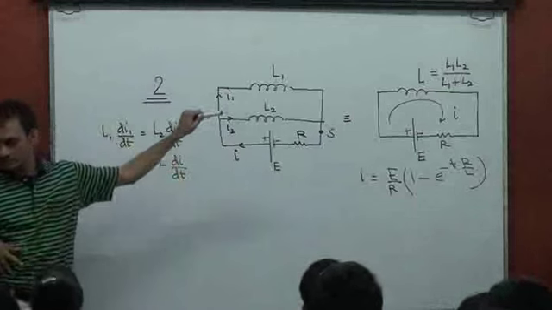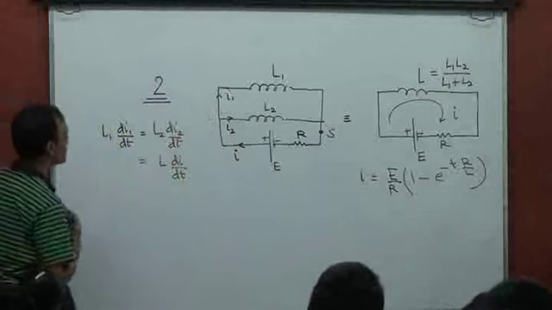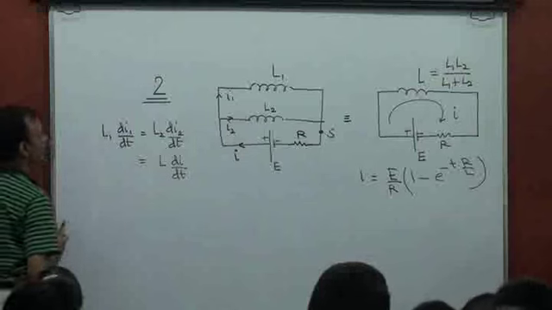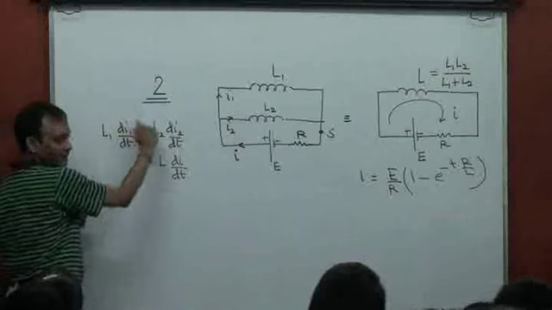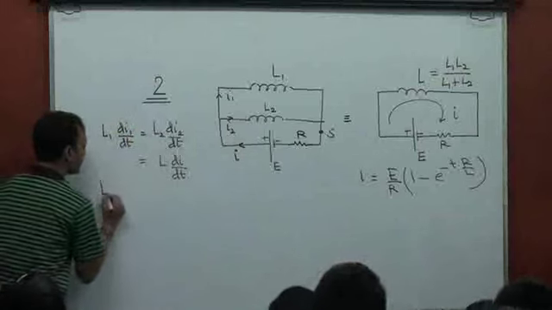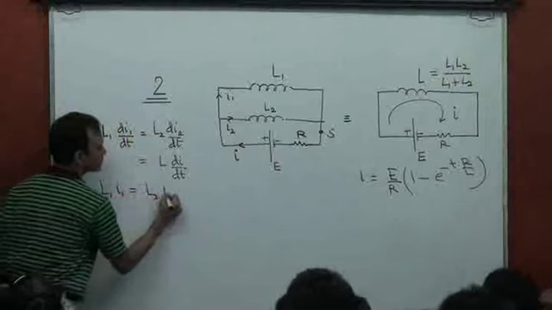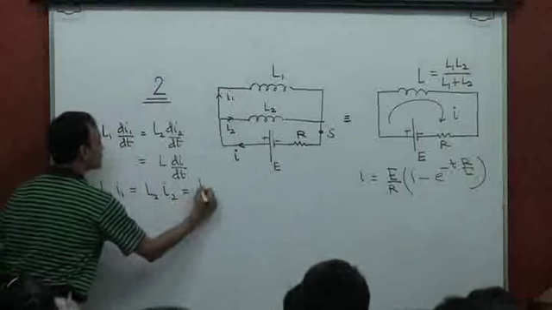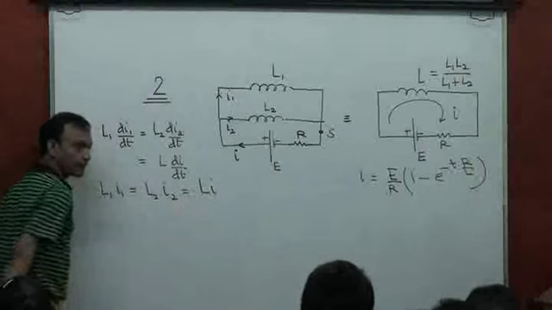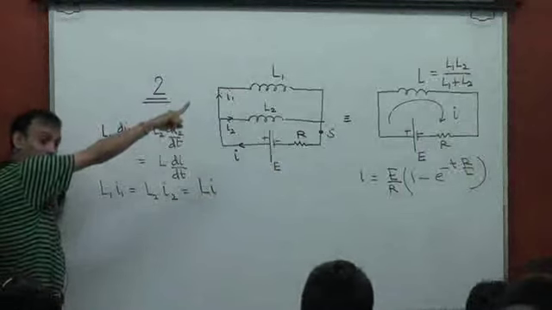That's the equivalent across the battery, same thing. Now dt will get cancelled, and when you integrate, you have at any given instant of time L1 I1 equals L2 I2 equals L i, where L is L1 L2 by L1 plus L2.